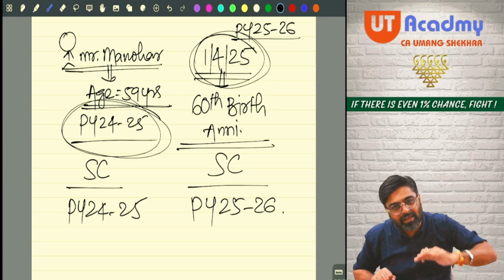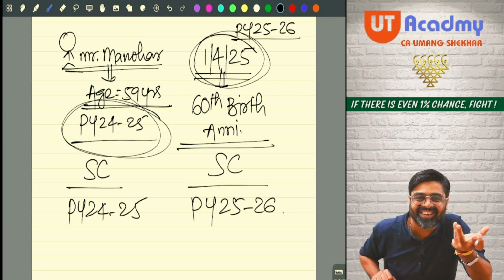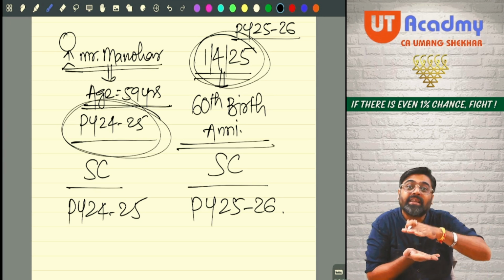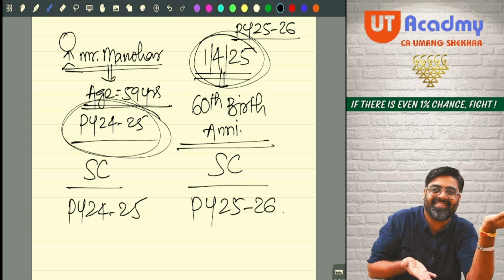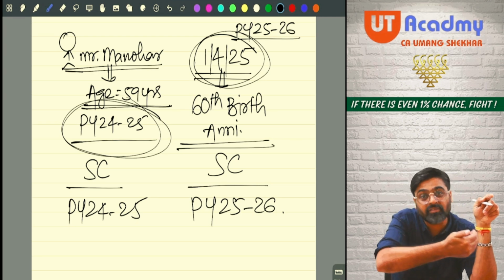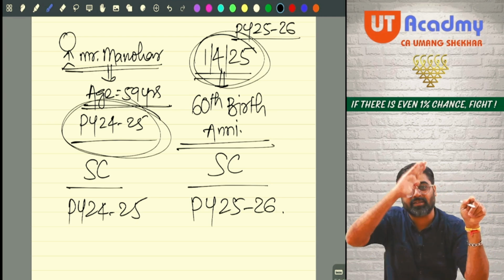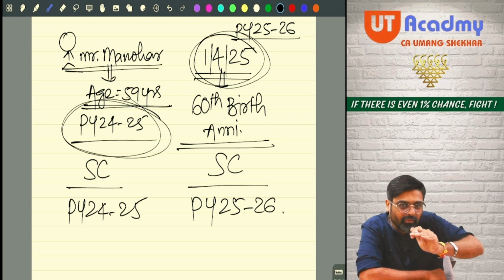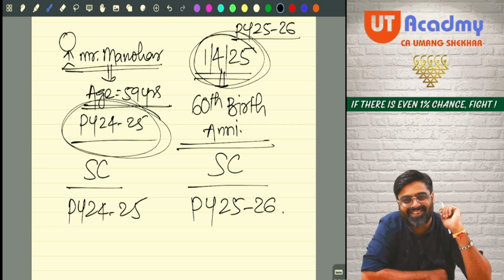But still I will be celebrating the 60th birthday only. I will be celebrating the completion of 60 years on 1st April, but that does not mean that I am completing 60 on 1st April. That means I have completed 60 on 31st March itself. That is the reason we celebrate the birthday at 12 AM night. After completing, we move to the next year.